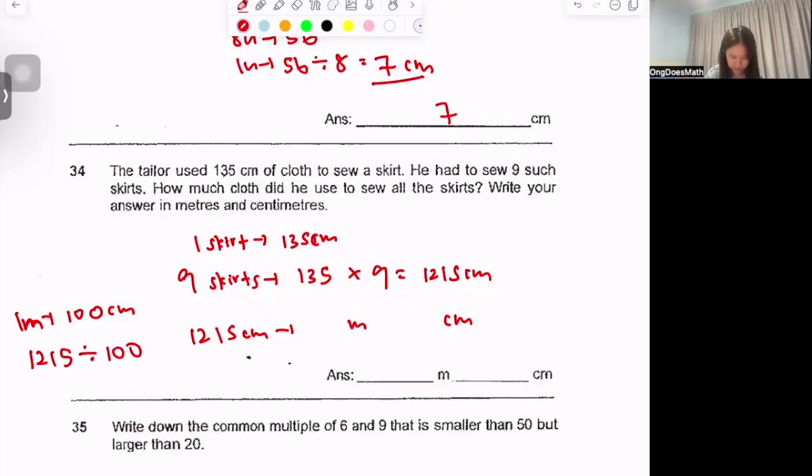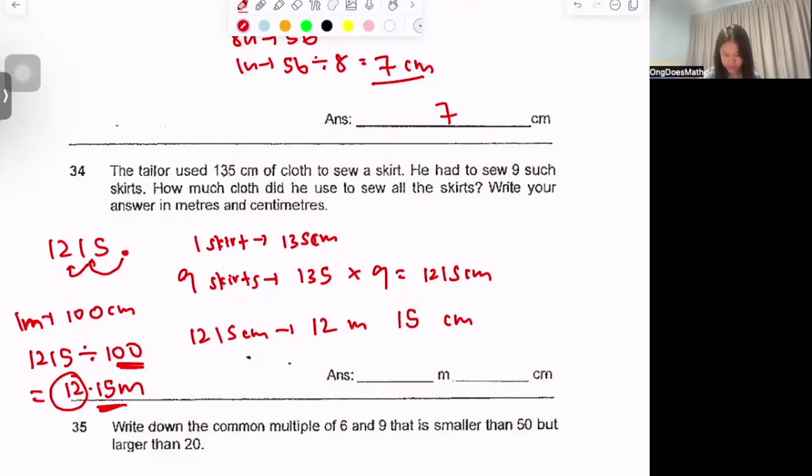So how do we do this? The decimal point is here, right? Which means if you divide, you need to move your decimal point leftwards. By how many times? 2 times, because there are 2 zeros. So it's 12.15 meter. See, it's 12 meter and 15 cm. And this one answer is 12 meter and 15 cm. Cool.